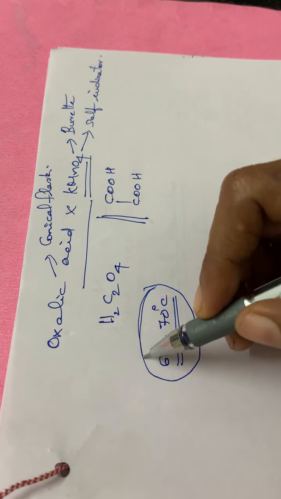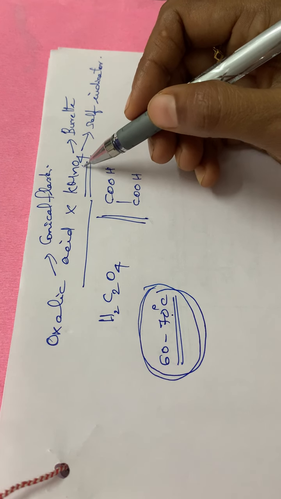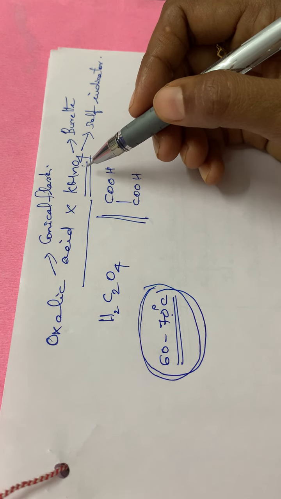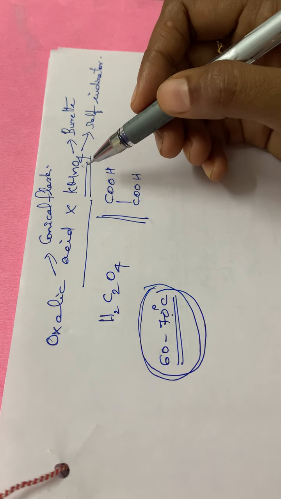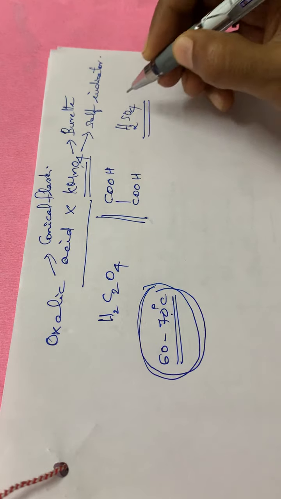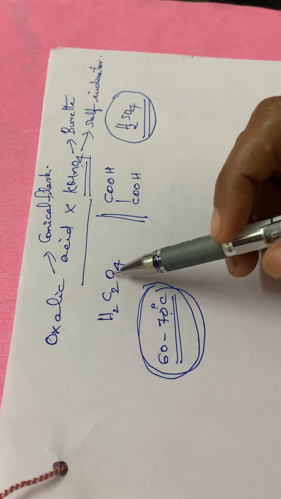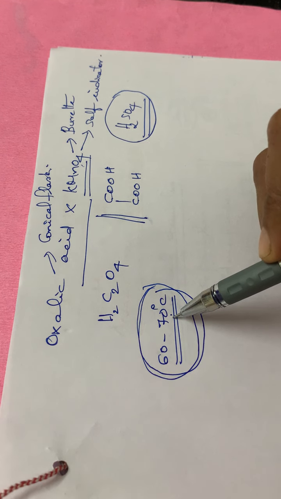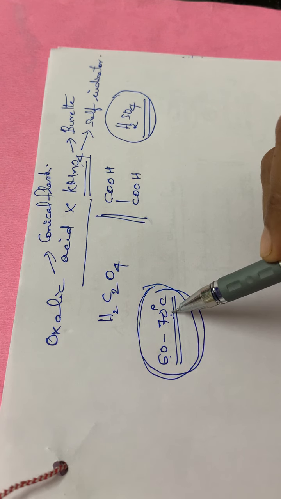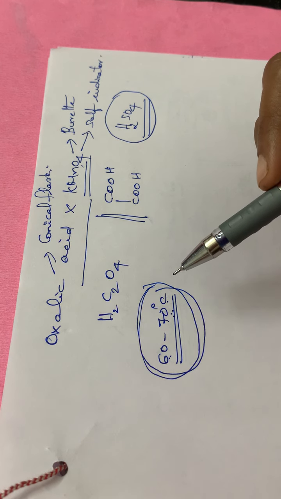Maintaining that temperature, titrate it with potassium permanganate. Here also dilute sulfuric acid is one of the reagents.